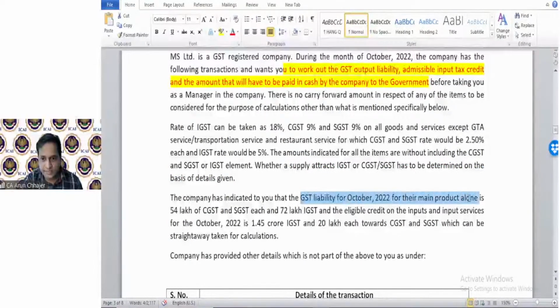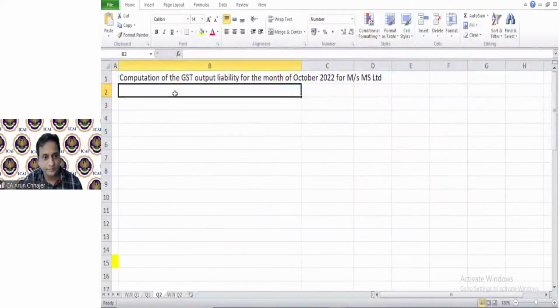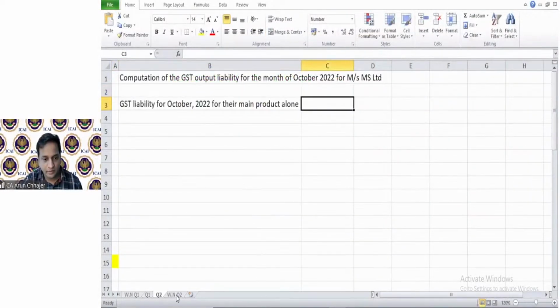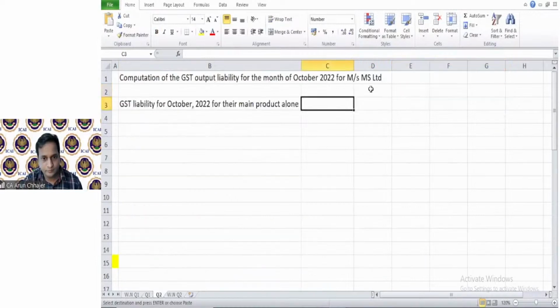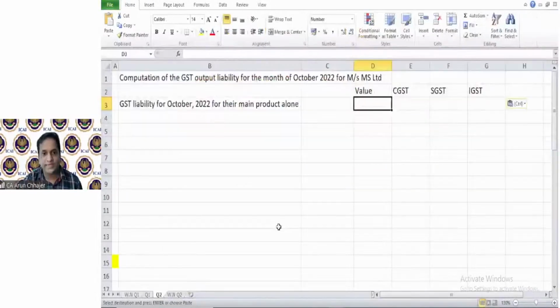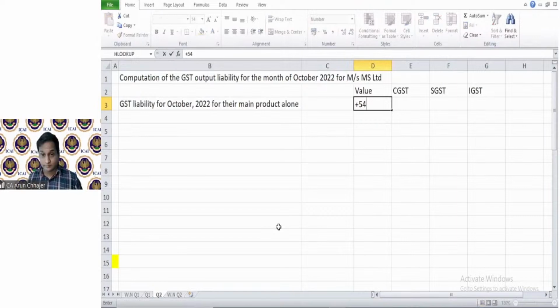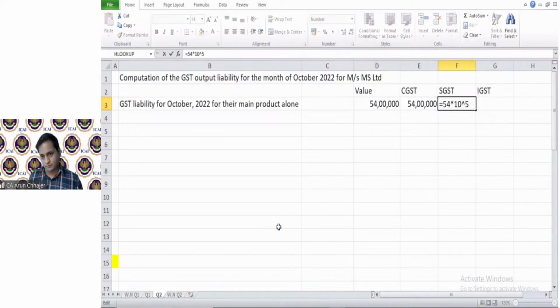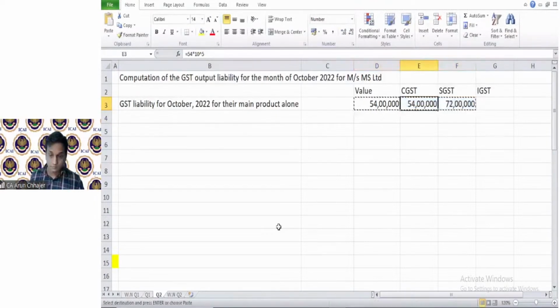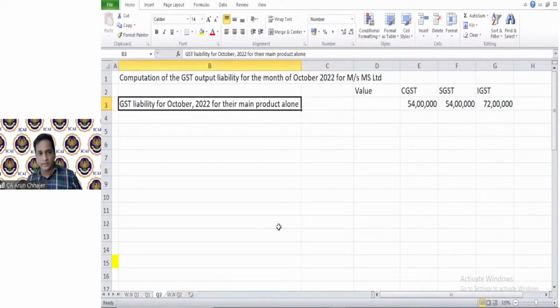The GST liability for the main product alone. $54 lakh and 72 lakhs. Fine.